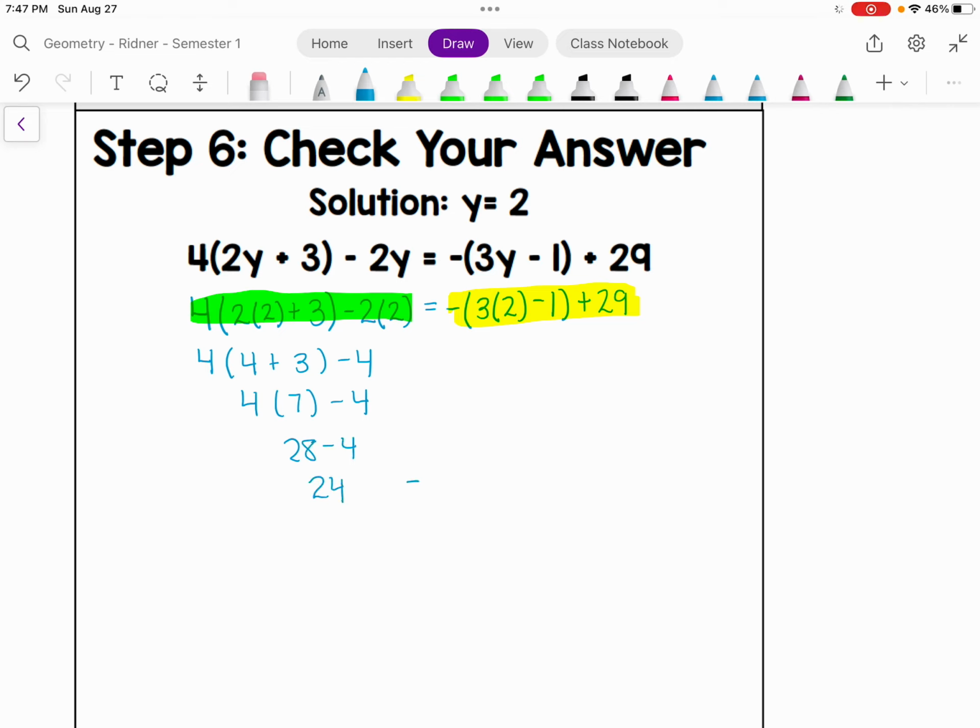Okay, so let's see if the other side I get 24. And I do. So 24 equals 24. I have done it correctly. I am now ready to solve equations on my own.